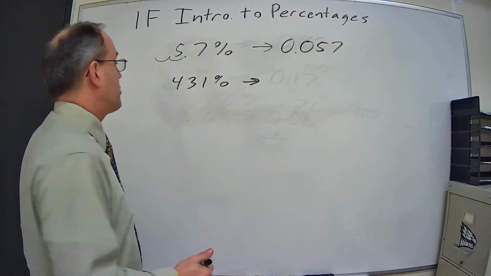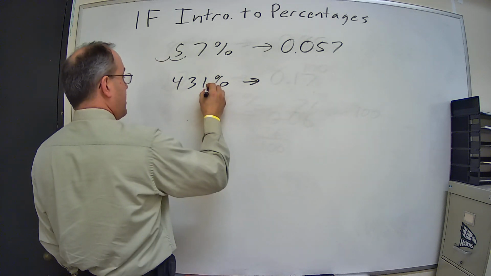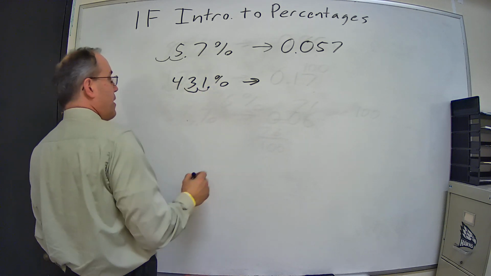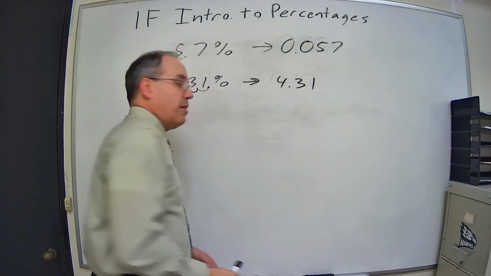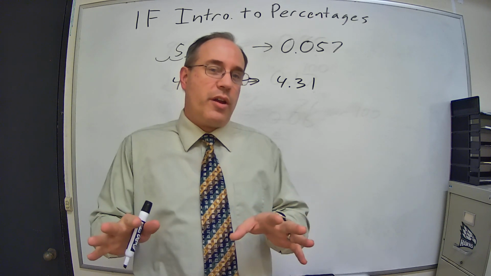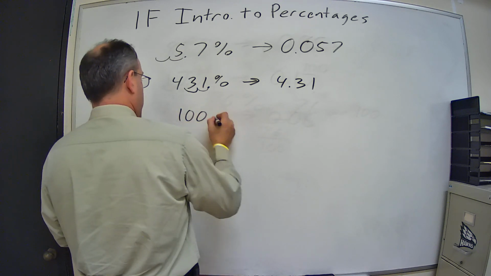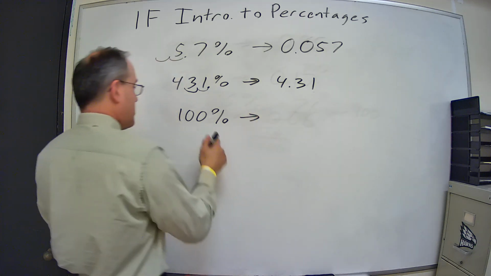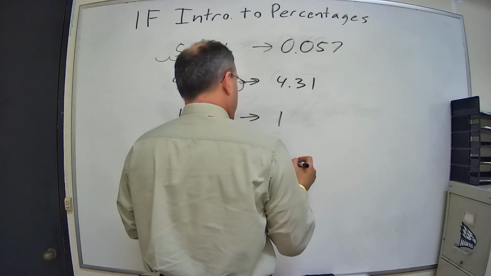So 431%, if I want to turn that into a decimal, I'm going to do the same thing. There's my decimal point. I'm going to move it over 2 places to the left, and we now have 4.31. So let's look at 100% and see what that does. 100%, right? If I have 100%, I move that decimal point over, I get 1.